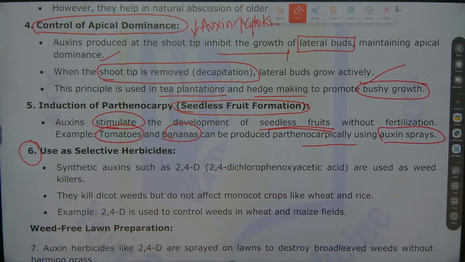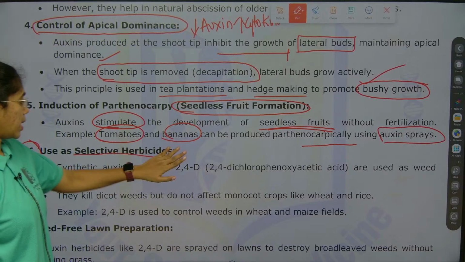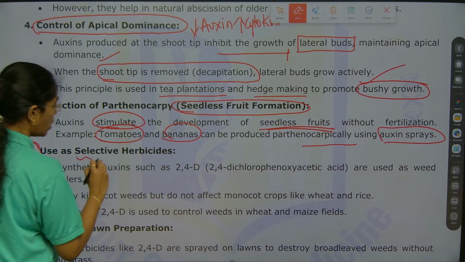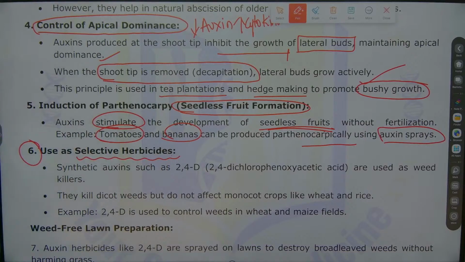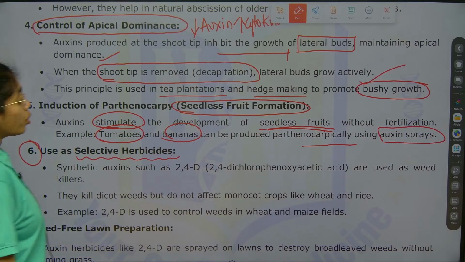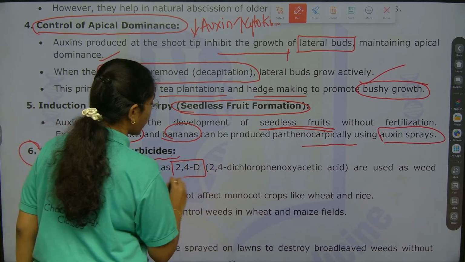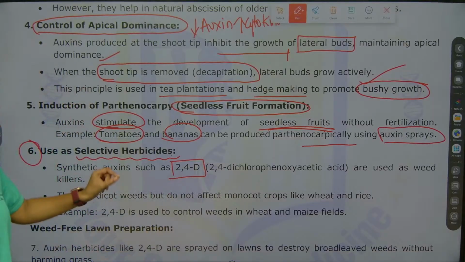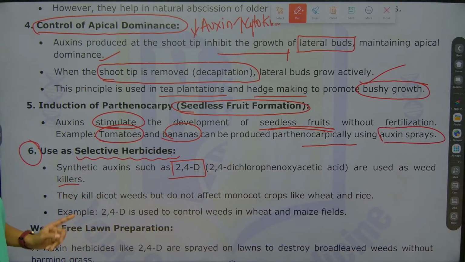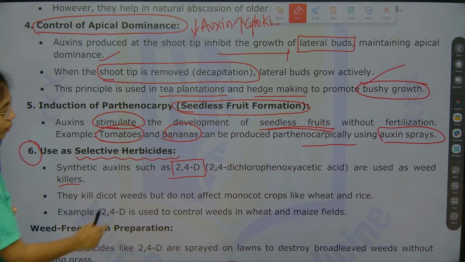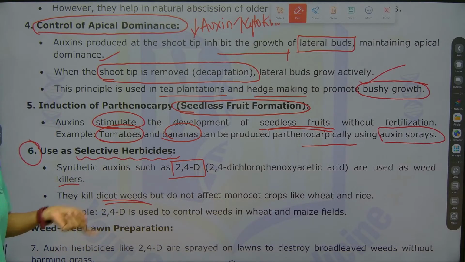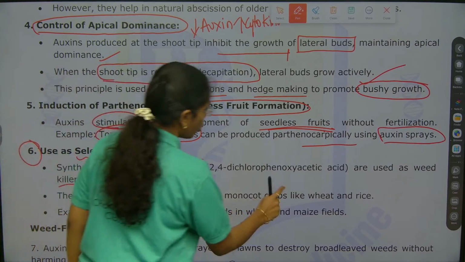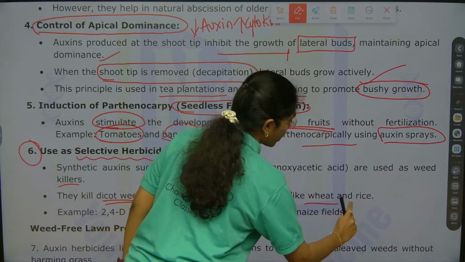Next, use as selective herbicides. Synthetic auxins such as 2,4-D, that is 2,4-dichlorophenoxyacetic acid, are used as weed killers, and they will kill dicot weeds but will not affect monocot crops like wheat and rice.